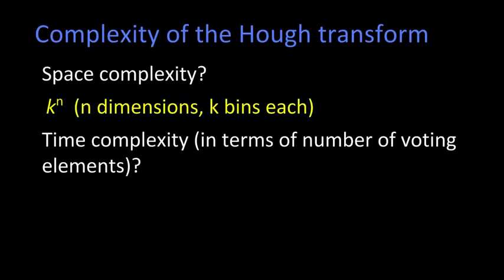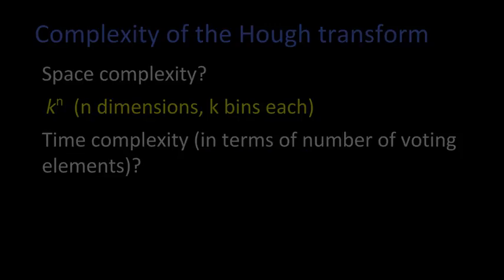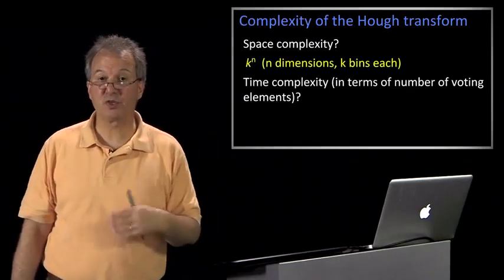What about time complexity in terms of the voting? Well, the nice thing is that the voting is linearly proportional to the number of edge points. You run through your edge points and they each vote. And the voting might take a little bit of time, but it's constant. Compare that, let's suppose you're trying to fit a circle.